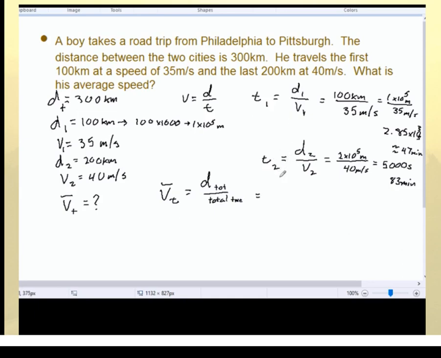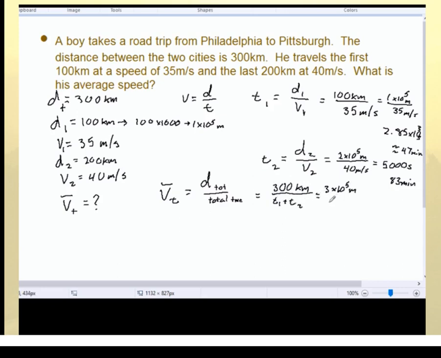My total distance was the 300, so if I just write 300 kilometers, actually I should probably write it in meters, so that'll be 3 times 10 to the 5th meters divided by the 2 times T1 plus T2.